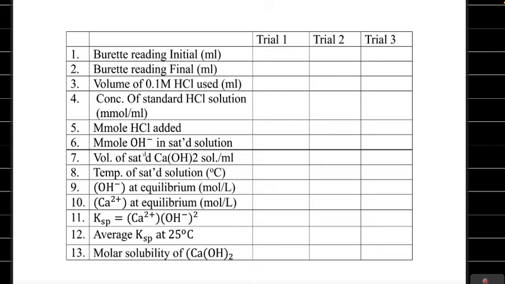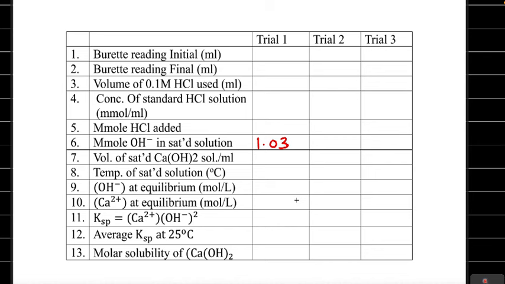You come down here, this becomes 1.03. The units were already present in the other video, so you don't really need them.